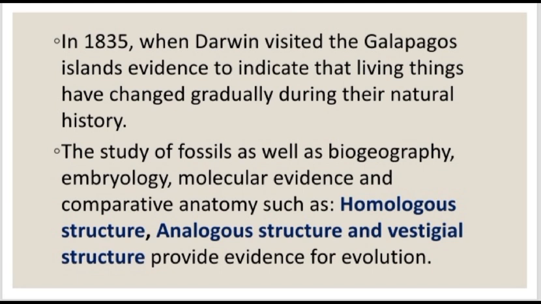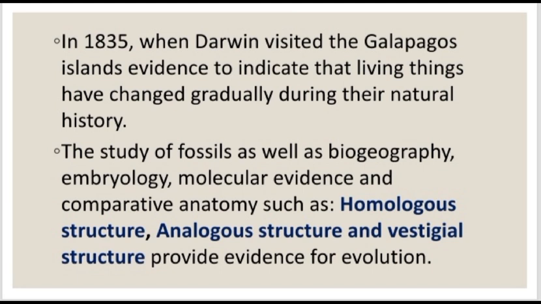The distribution of animals and plants in different places is called biogeography. And the embryology, this is a study of how embryos develop. So in short, embryology is a study of babies formed before birth.